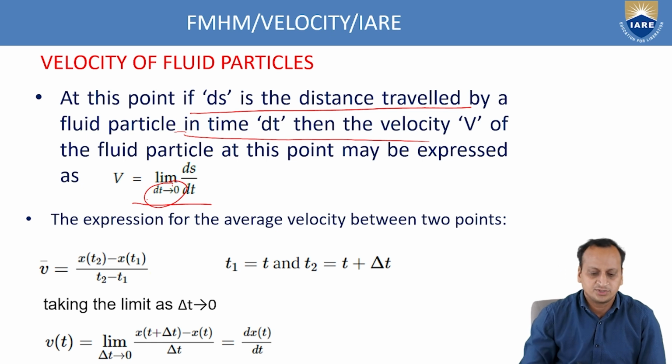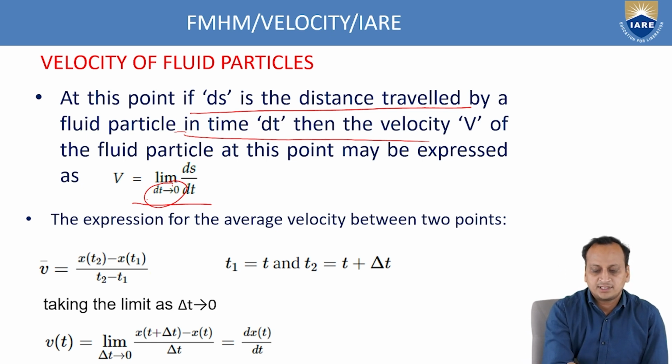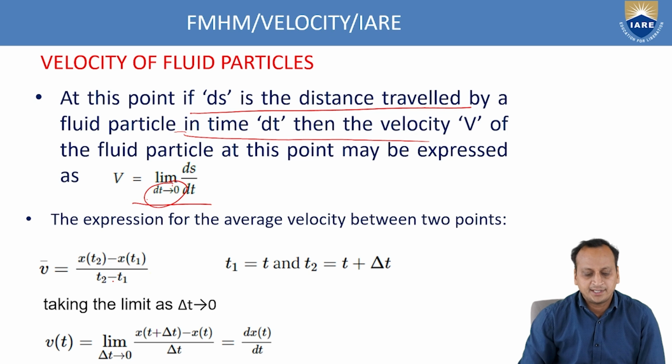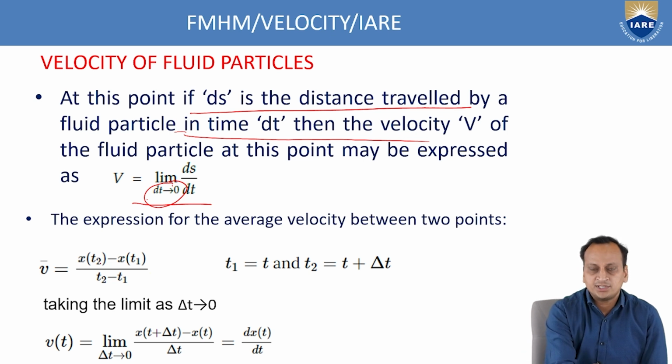The average velocity can be obtained by using this equation. The velocity is the change in displacement over the change in time. So the position at T2 minus the position of the fluid particle at T1, divided by T2 minus T1.